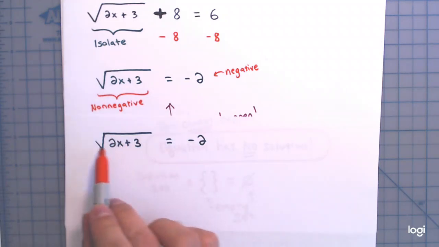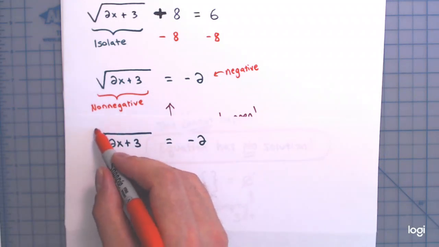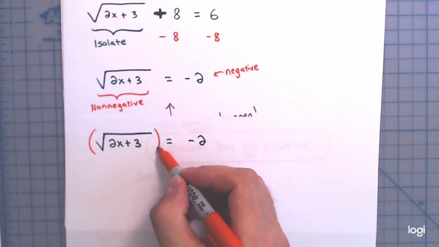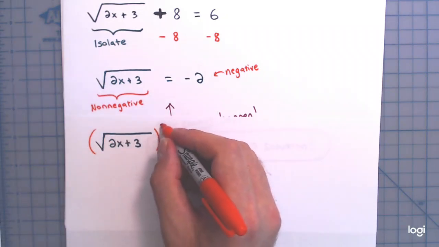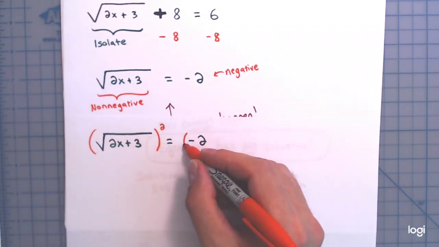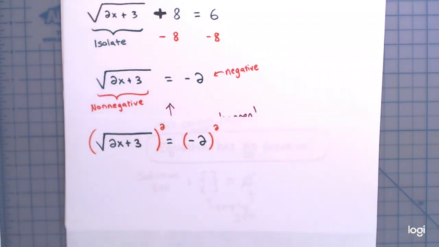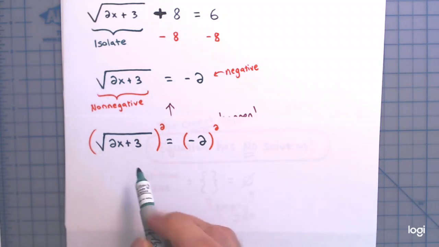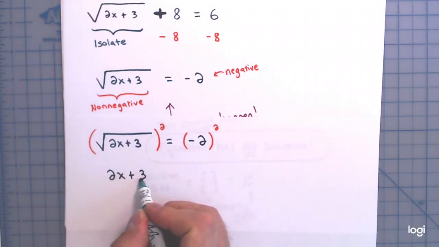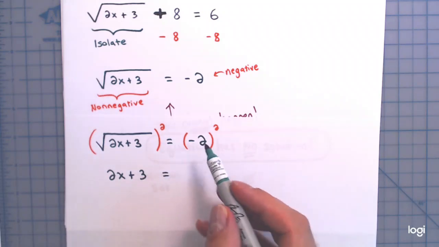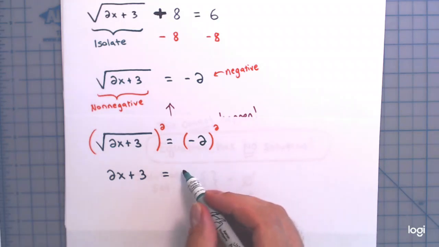I isolate the radical, and then I want to undo the radical. So I'm raising both sides to the index power. That's an index of 2, so I'm raising both sides to the second power. And on the left side, that radical is undone. So we have 2x plus 3 equals, and then negative 2 squared, that's negative 2 times negative 2, that's positive 4.